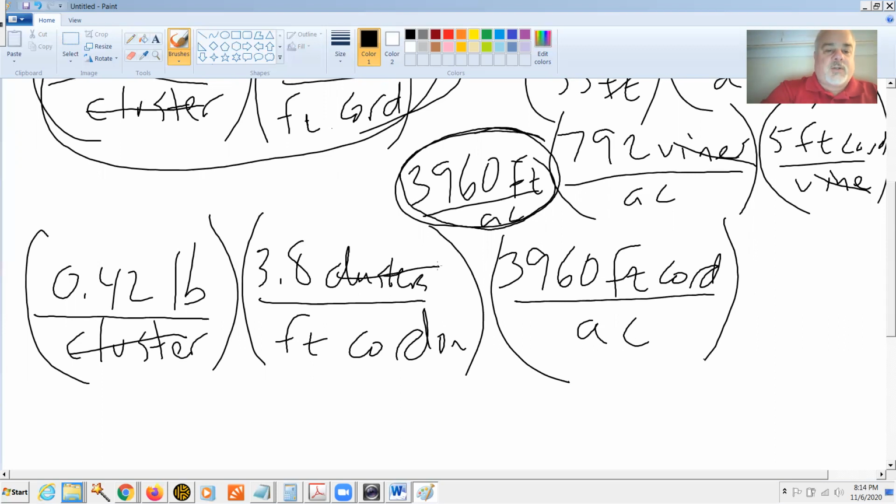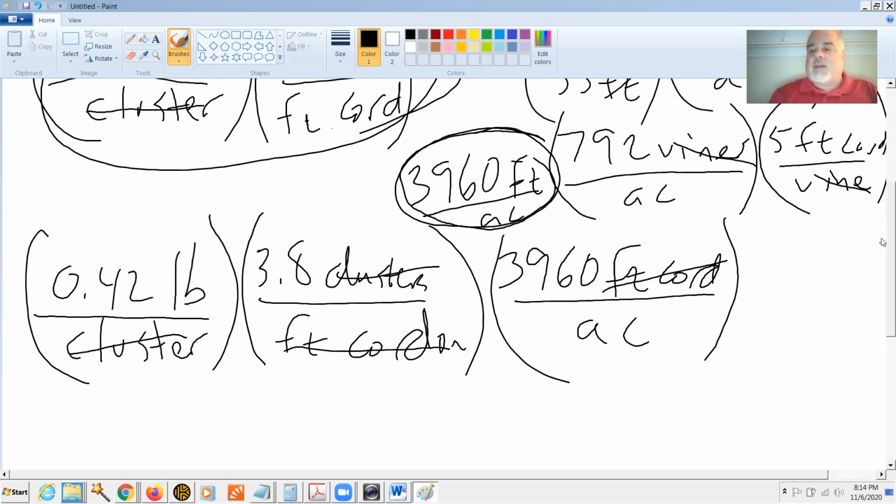Clusters cancel. Feet of cordon cancels. And what am I left with? Pounds per acre.